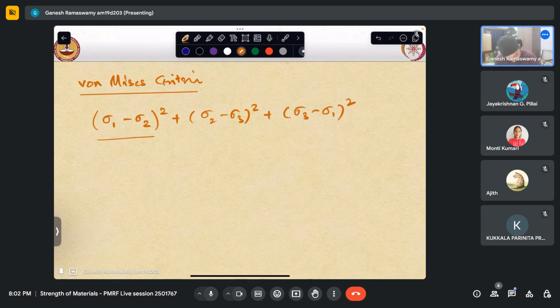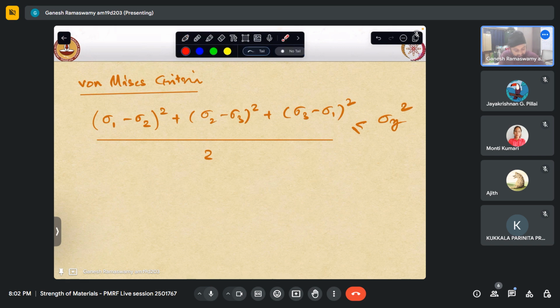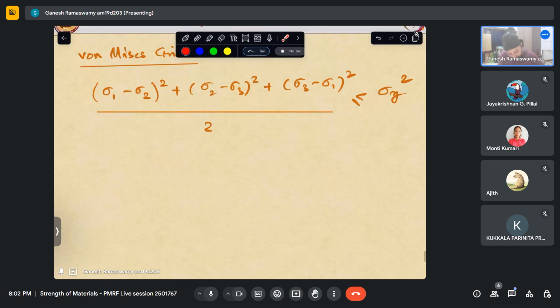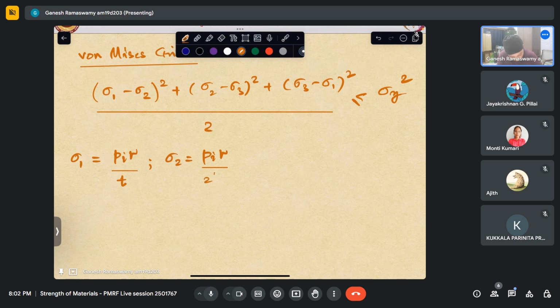So this will actually be our expression for this, except when we are dealing with a factor of safety, then the entire thing will go inside the square. So let us plug this in. So we know that sigma 1 is PIR by T, sigma 2 is PIR by 2T, sigma 3 is 0. So I'll just plug this in.